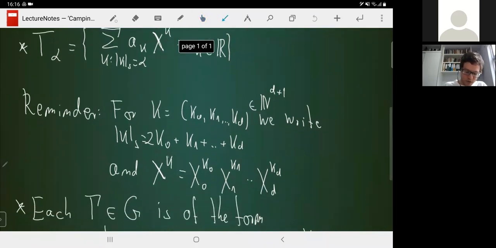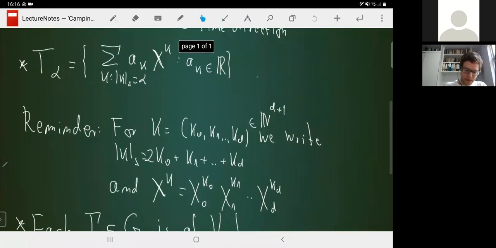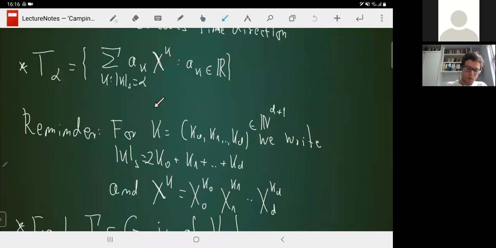And the order of this monomial is defined as the multiplication x0 to k0, x1 to k1, and so on. So this is our T alpha, all polynomials of degree alpha.